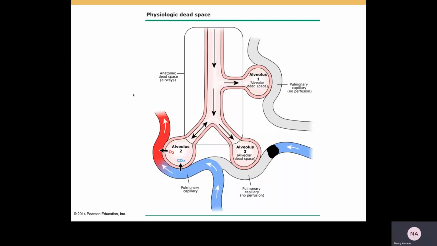This gives you another image of the dead space. This is physiological dead space. So again, anatomic dead space is going to be the passageways. And if you have an alveolus that is not functioning properly, that will be the alveolar dead space.